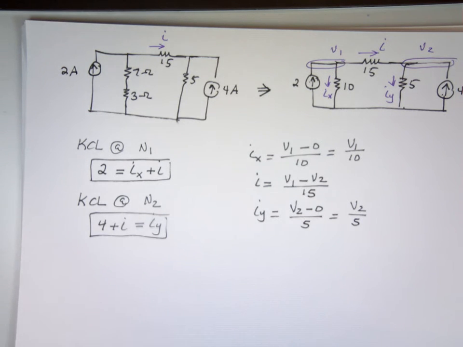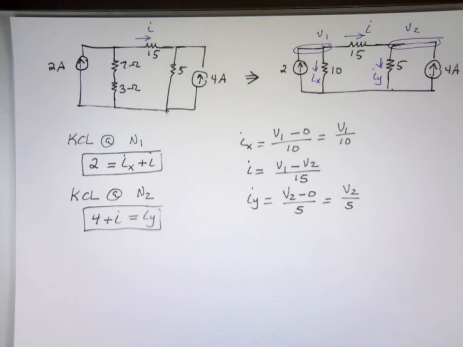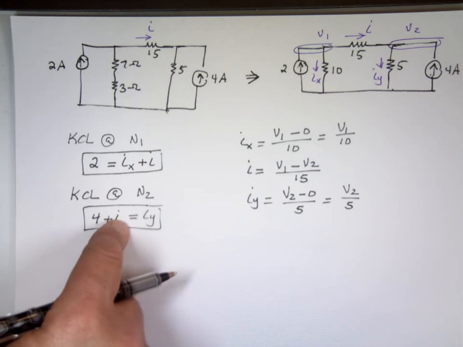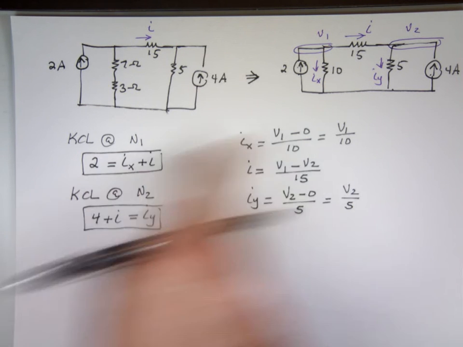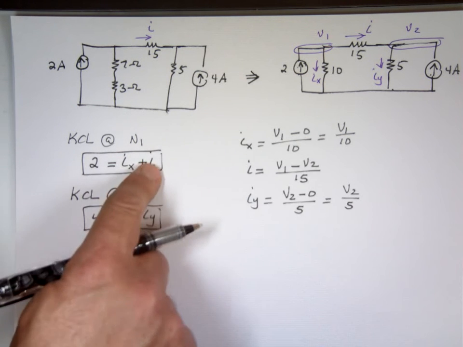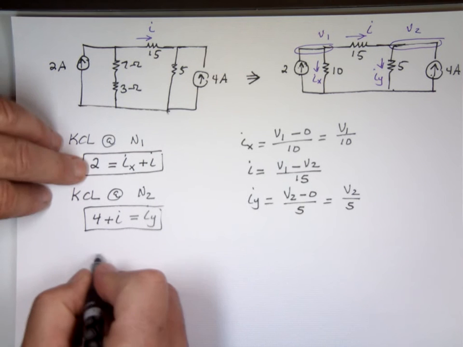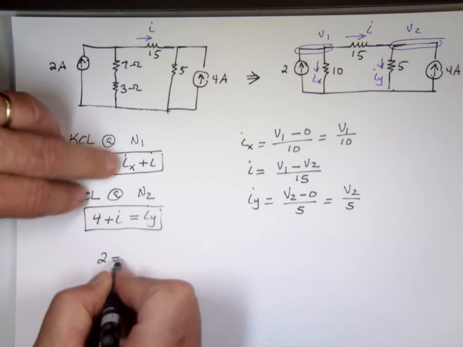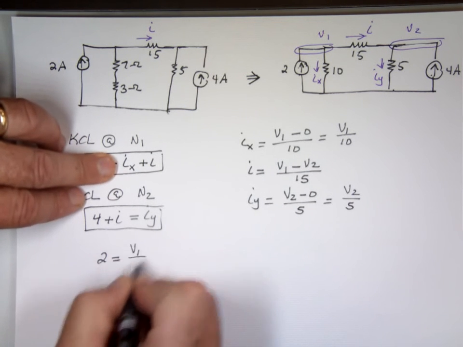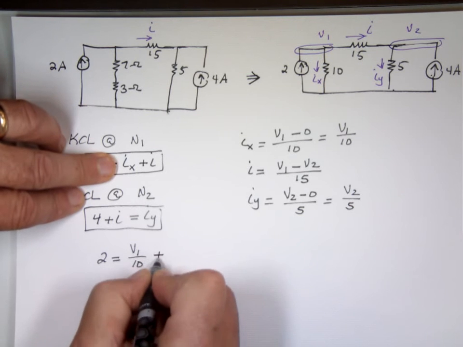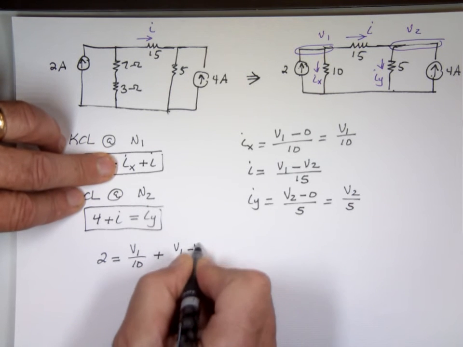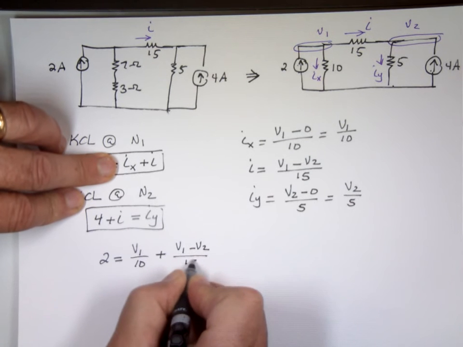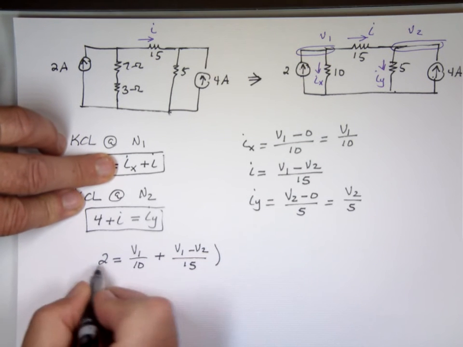So what do we do now? We're going to go back to these two equations, rewrite them, but in place of I sub x, I'm going to put that. In place of I, I'm going to put that. So 2 equals I sub x, which is V1 over 10, plus I, which is V1 minus V2 over 15. My LCD for 10 and 15 is 30.